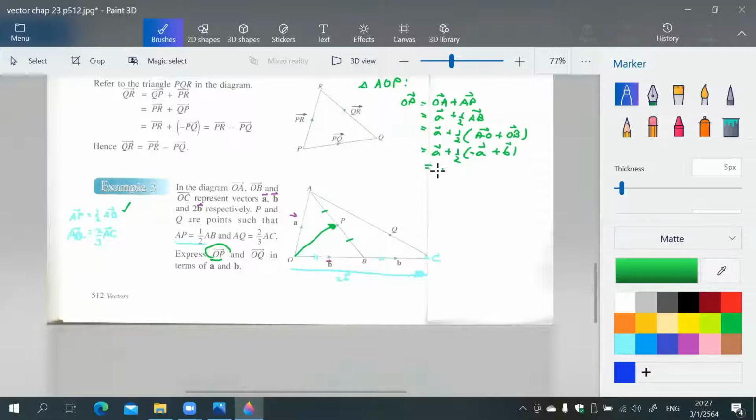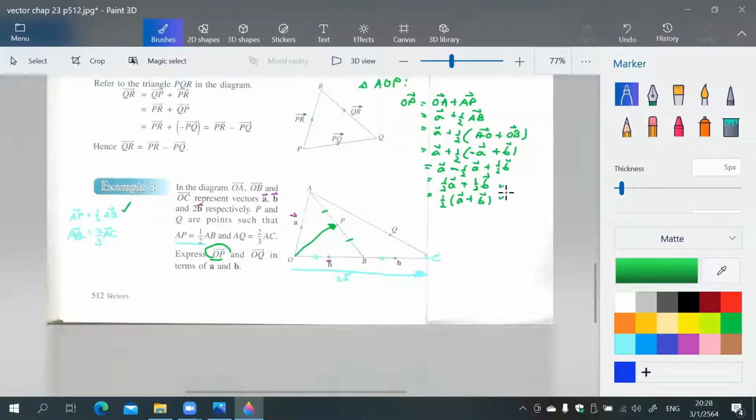Now we simplify. It becomes vector A minus 1/2 vector A plus 1/2 vector B. Then simplify these two: vector A minus 1/2 vector A becomes 1/2 vector A plus 1/2 vector B. You can leave this as the answer, or you can take out the common factor, the scalar 1/2, from the vector, which becomes 1/2 (vector A plus vector B).